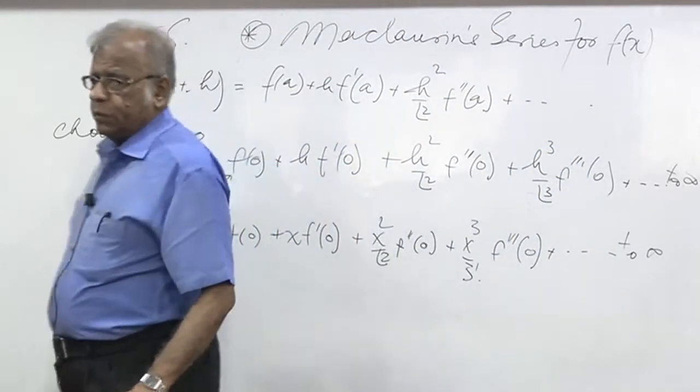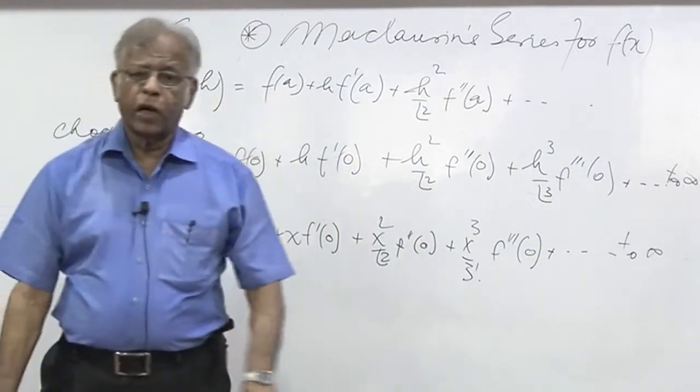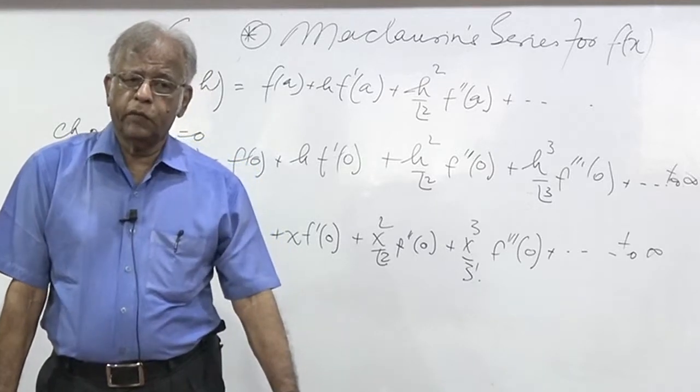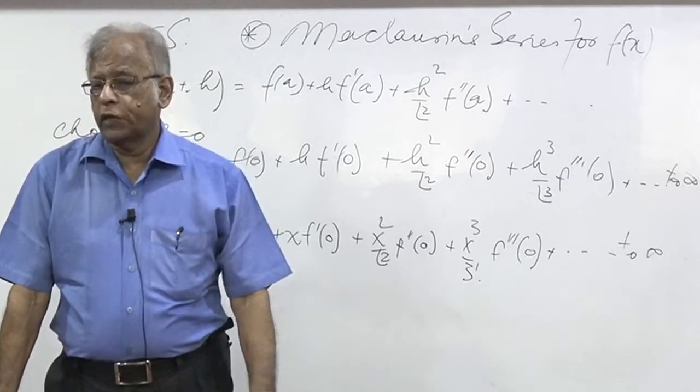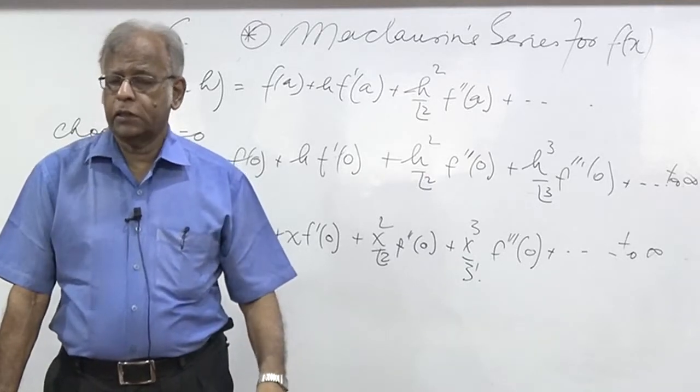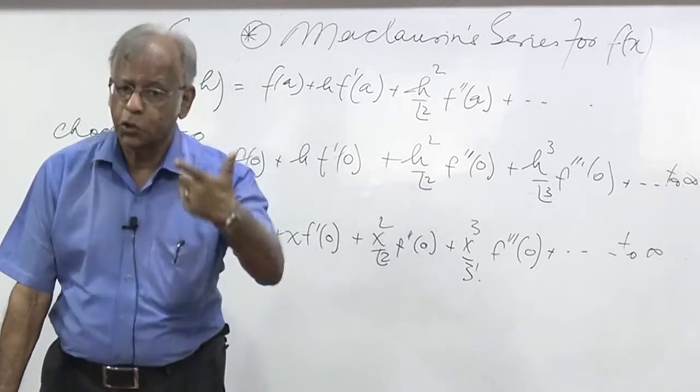We will do a very simple example, because so far I think even in high school we've learned certain series. For example, we know the series for sin x, the series for cos x, the series for e to the power of x.